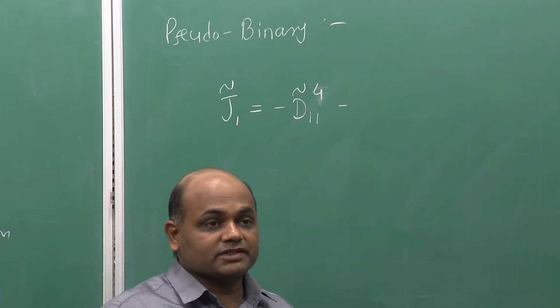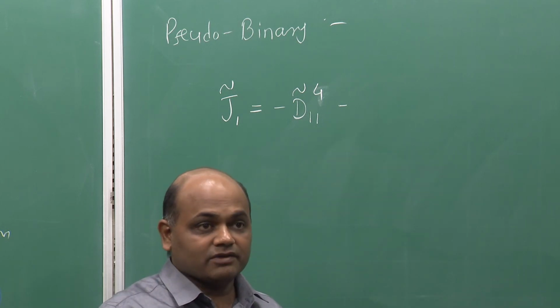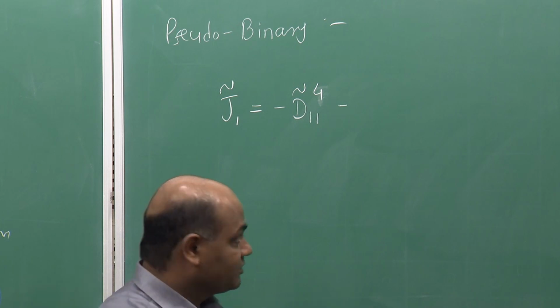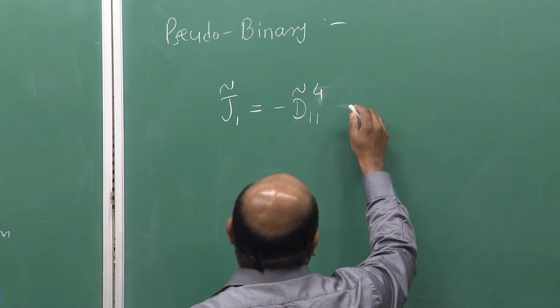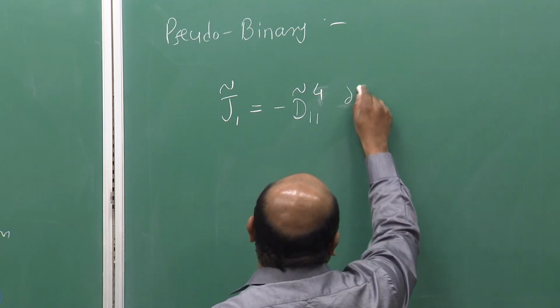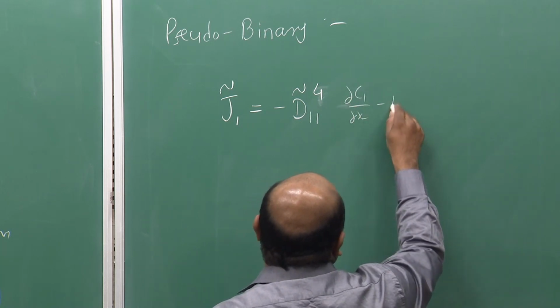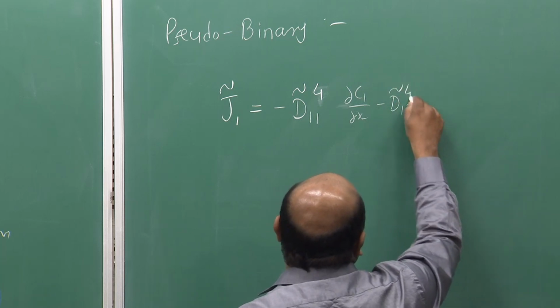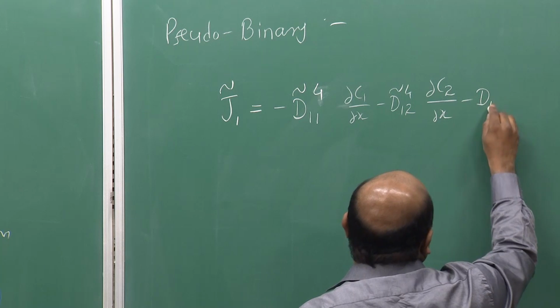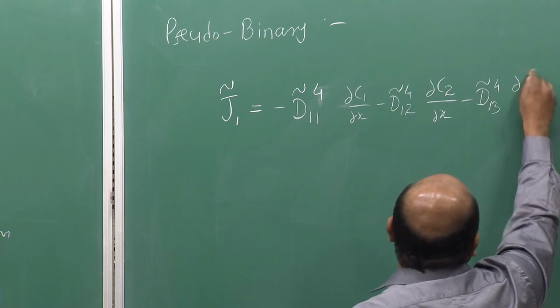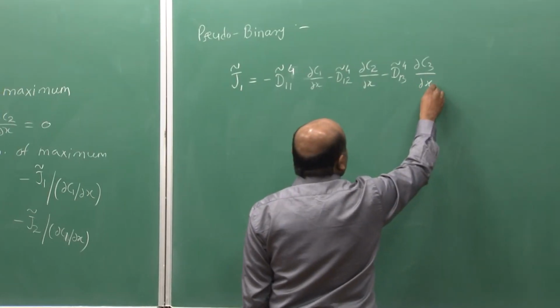So, in quaternary system we have 3 independent fluxes. If we treat component 4 as dependent, we can write J1 tilde equal to minus D11 tilde 4 dou C1 by dou x minus D12 tilde 4 dou C2 by dou x minus D13 tilde 4 dou C3 by dou x.